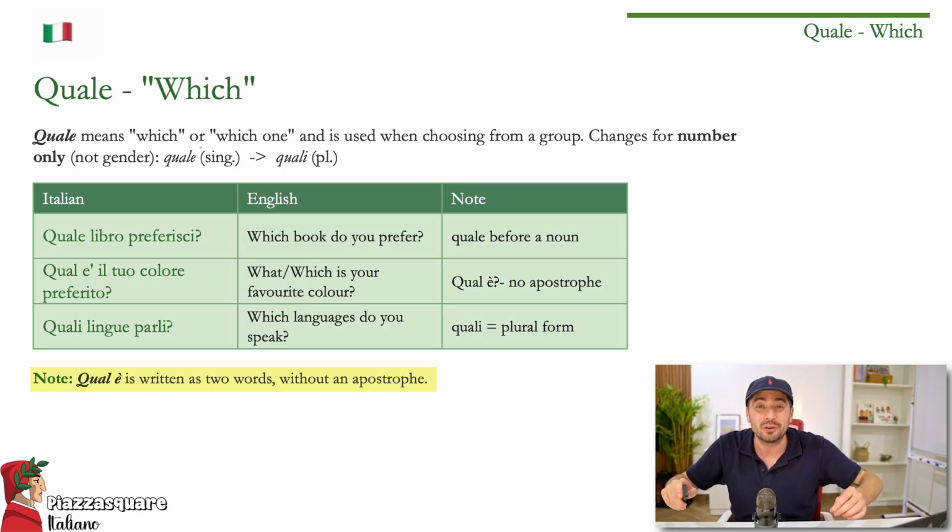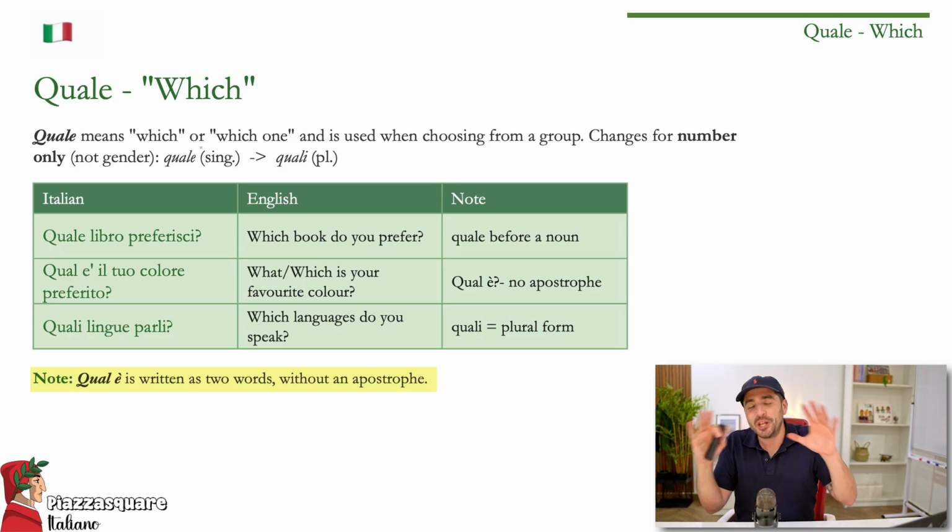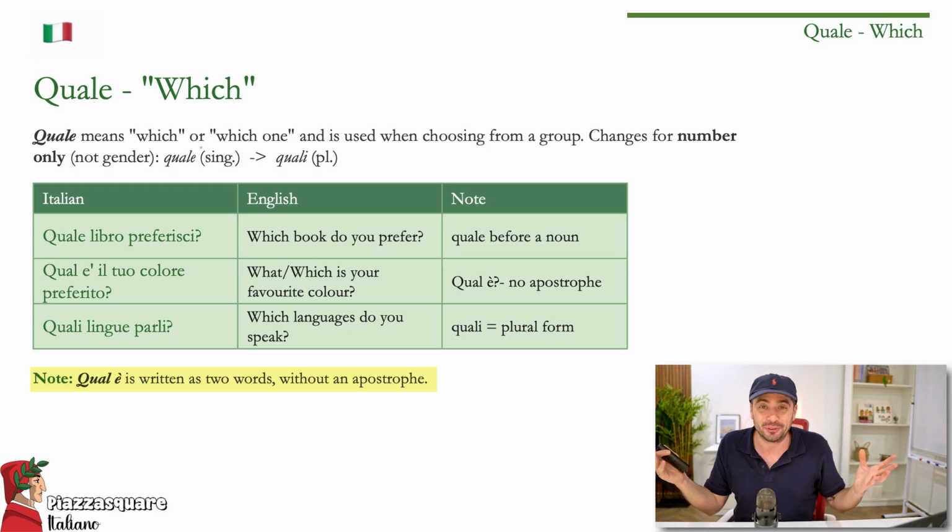Even though it sounds like one word, let's not go too much into why this happens, but just remember that only in this specific case, qual è is written as two separate words without apostrophe. Qual is not an elision of quale in this expression. It's a truncated form called troncamento. Anyway, let's move on to the third example.